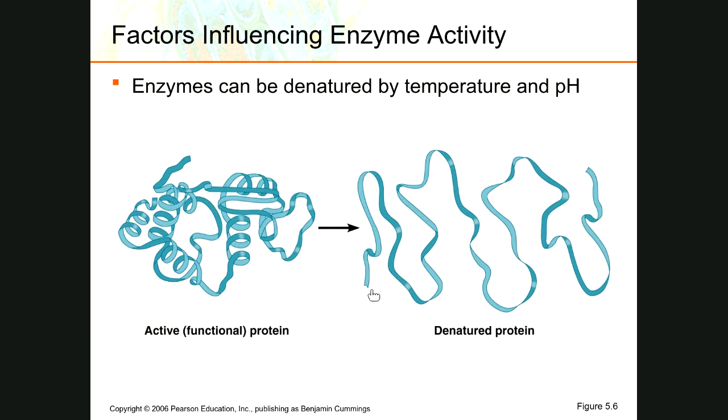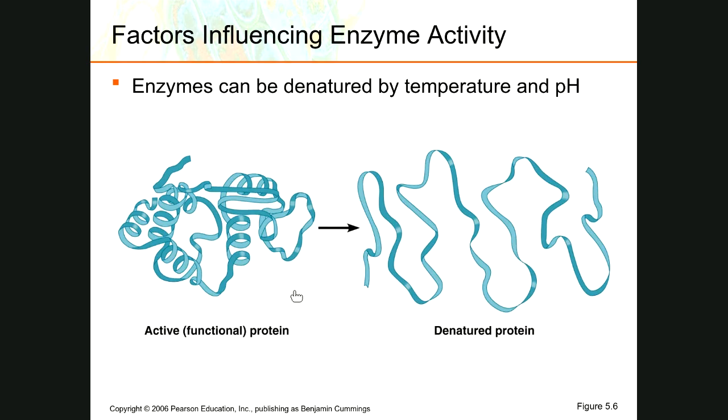There are 2 secondary structures. What are those? Is it the alpha and the beta? Well, the alpha what and the beta what?